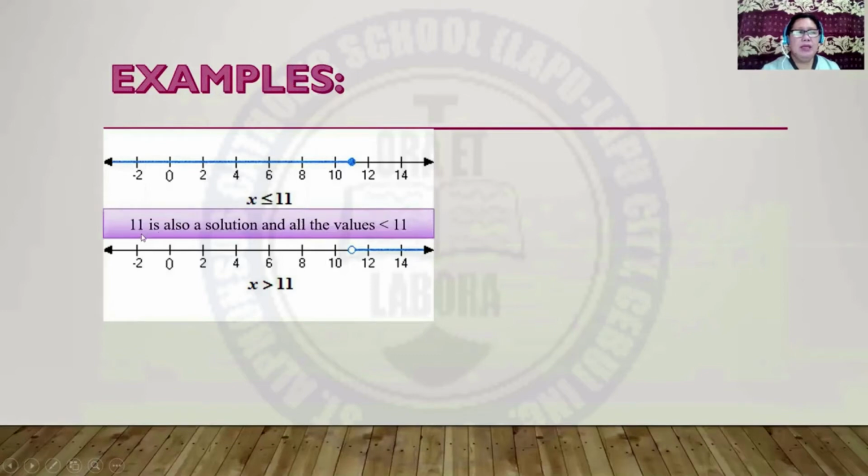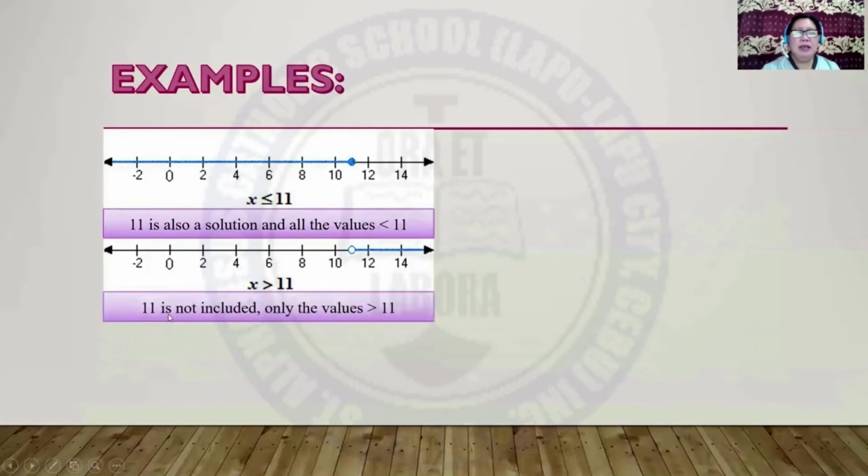This means that 11 is also a solution and all the values less than 11. Another example, x is greater than 11, and we are using the open dot. Then highlight from here going to positive infinity, and this means that 11 is not included, only the values greater than 11.